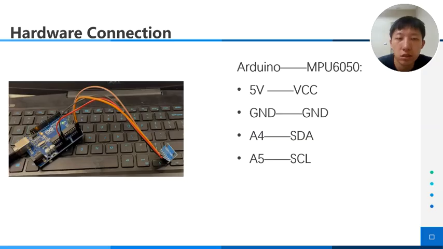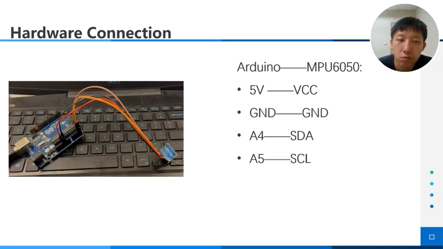I connected the wires strictly according to the following configuration. The 5-volt pin of Arduino is connected to the VCC pin of the MPU6050 to provide power. The ground pin of Arduino is connected to the ground pin of the MPU6050 to achieve stable grounding.